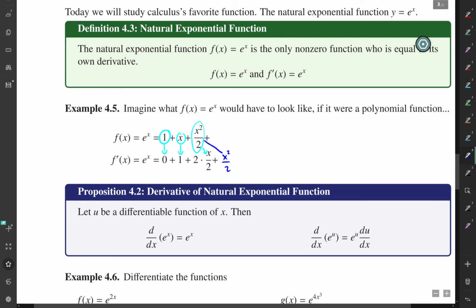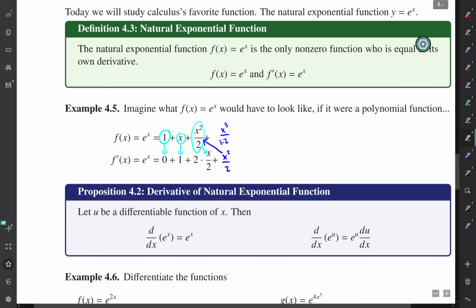Well, I need to have x cubed, but that wouldn't be quite right, because when I take the derivative I get 3x squared, so I need to take x cubed over 2 times 3. Okay? And if you check that, when you take the derivative of that, you do get 3x squared over 3 times 2. The 3's cancel, and so you're left with the x squared over 2 there.